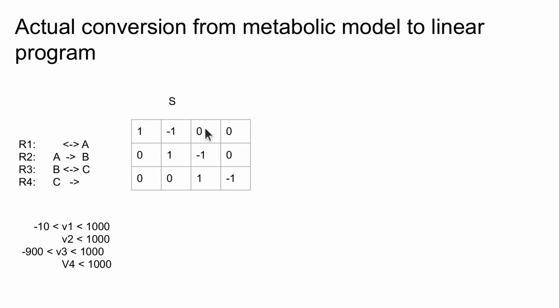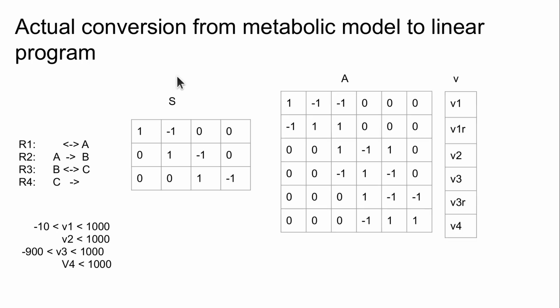Our first row is metabolite A. Our columns are reaction 1, reaction 2, reaction 3, reaction 4, and our rows are metabolites A, B, and C. And this is something we're going to have to convert into something that can be used by a linear programming framework. In order to do that, we need to do two things.